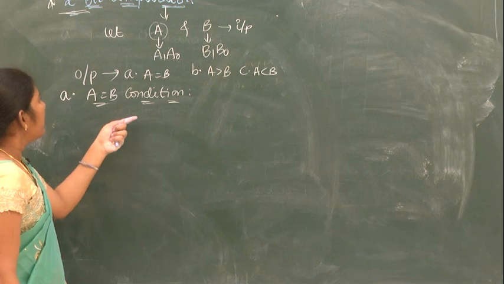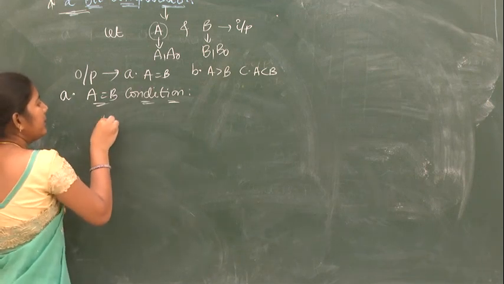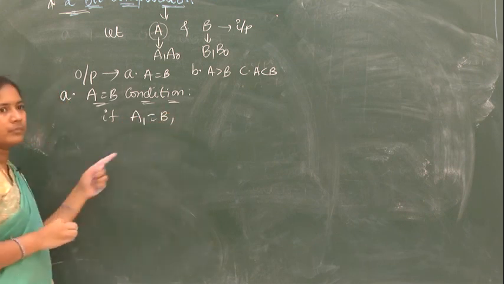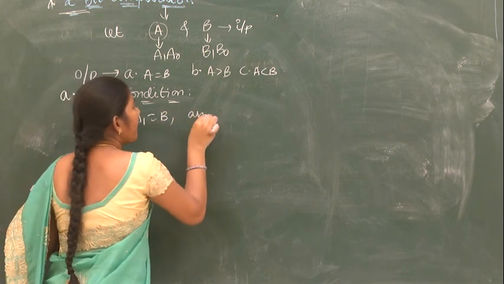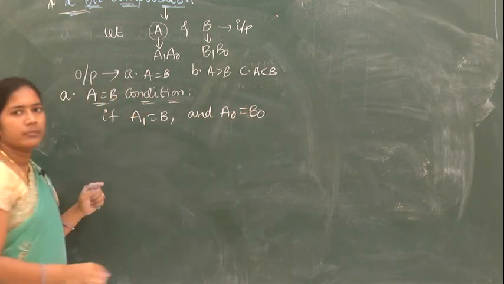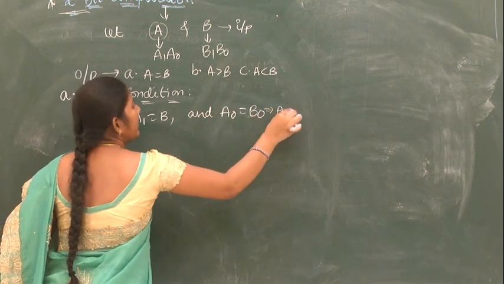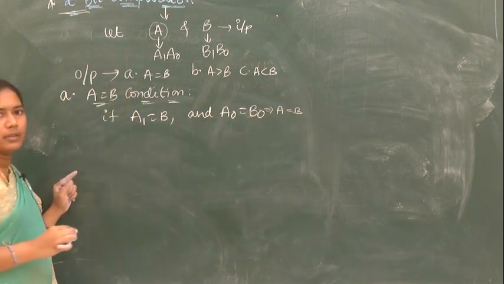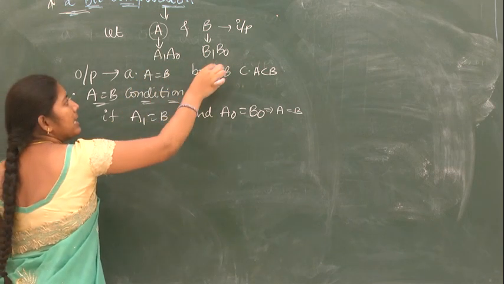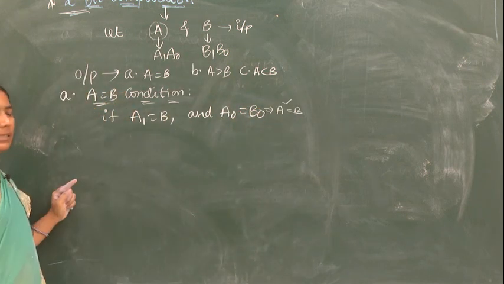We'll see what is the possibility so that A value is equal to B. Right? When it will be equal, directly we can say that if A1 equal to B1 and A0 equal to B0, then I can say that directly A equal to B. Right? Means if MSB bits are equal and LSB bits are equal, then we can say that A equal to B. Right?